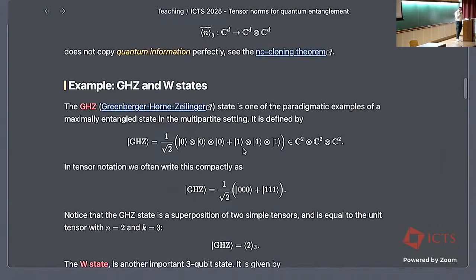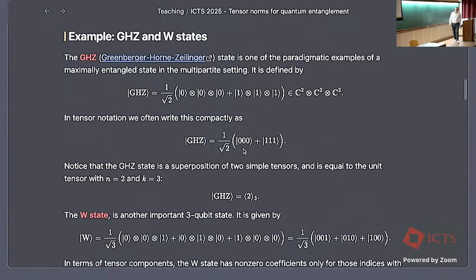Good. Other famous tensors: the GHZ and the W states. These are vectors in C^2 tensor C^2 tensor C^2, so these are states of 3 qubits. This is the GHZ one.